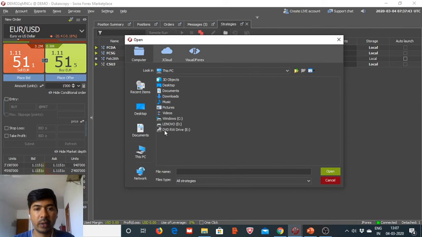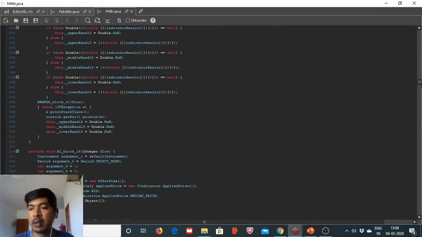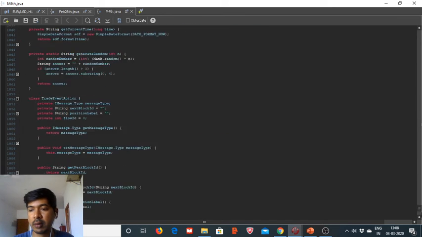And again we will need to go to the same folder and locate the same file and then compile it. Algorithm 2020 and March 20, and here it is. This is the M4 and open it. So here is the code and let us see how long it is.